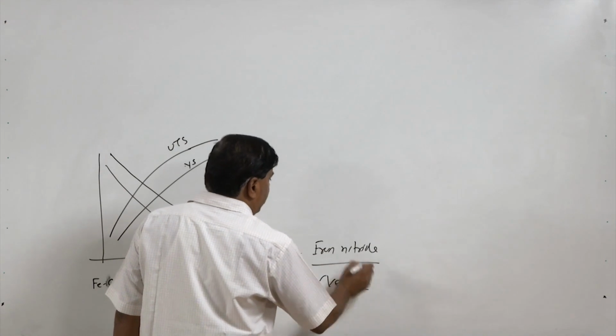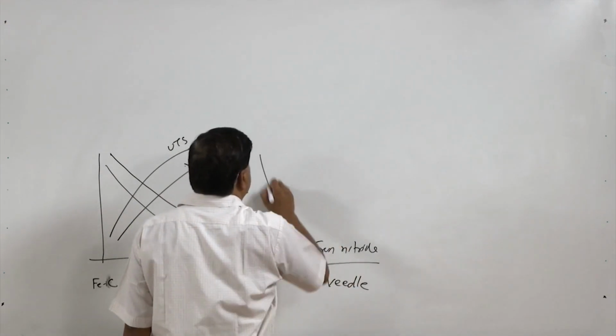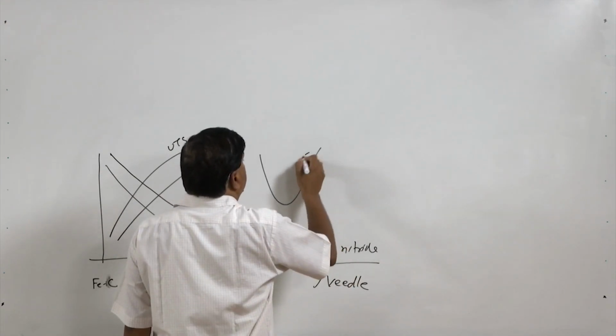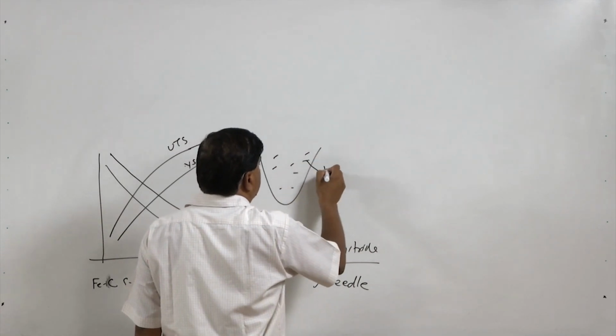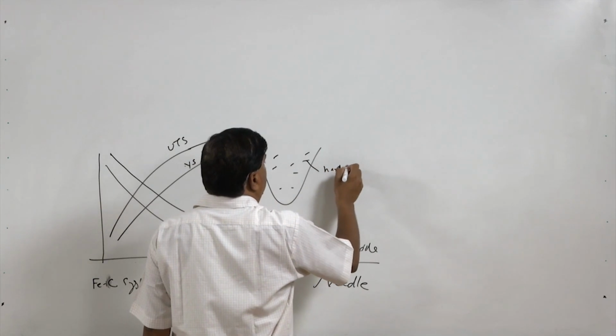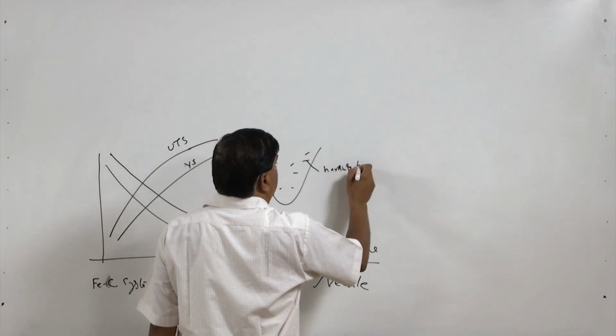So, in the weld you will see very fine needles of iron nitride, and these needles are very hard and brittle.